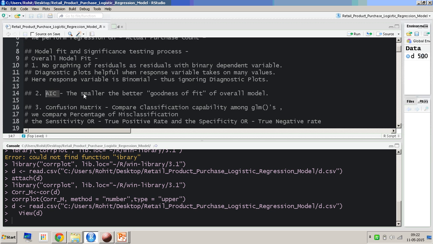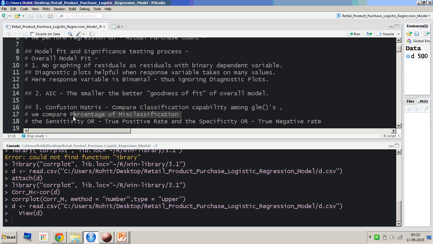The confusion matrix is basically comparing the classification capability between GLMs, that is generalized linear models, and what we have over here is generalized linear models with logit link as the link function and binomial as the family. So we compare percentages of misclassification.